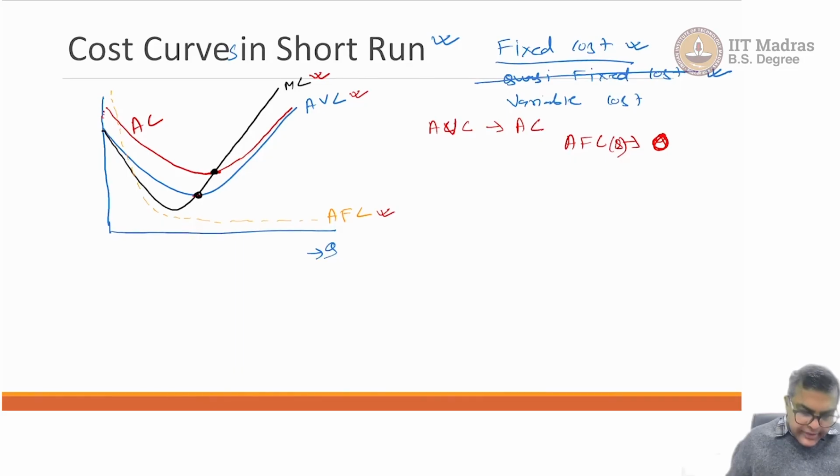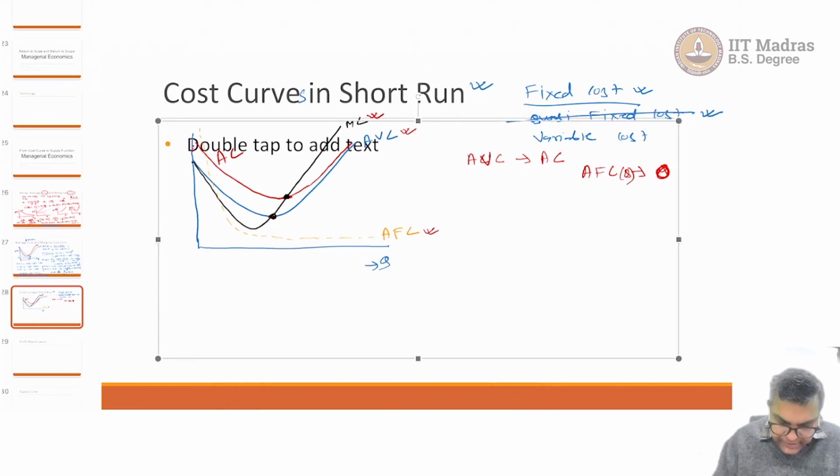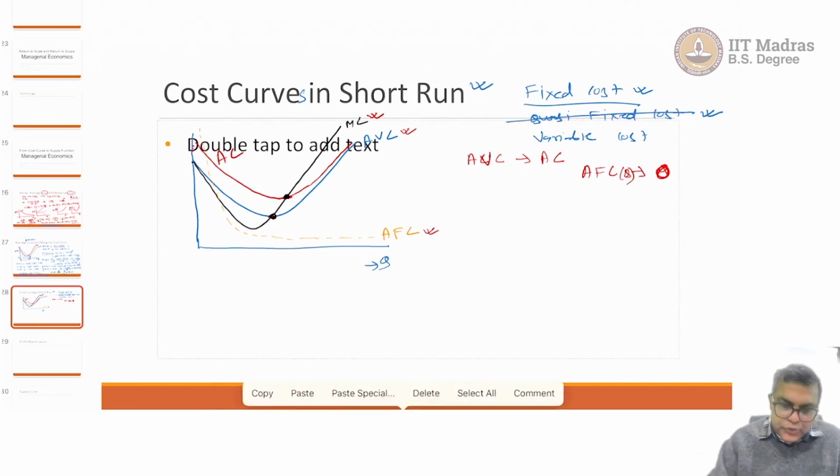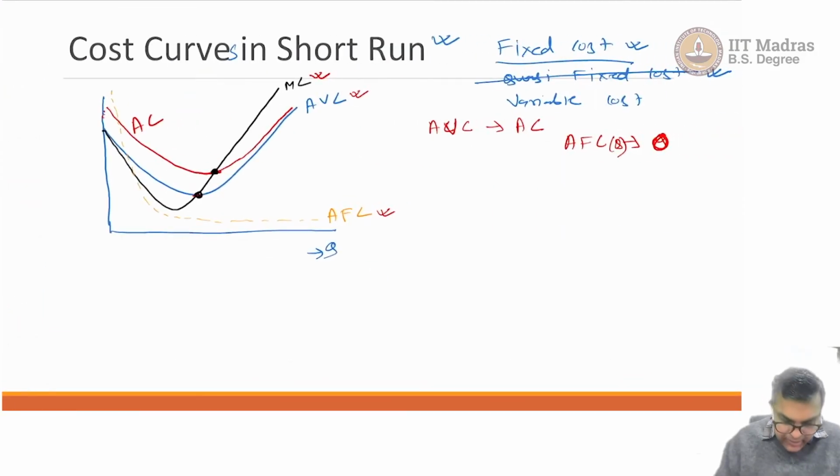Now in the next slide, we have started profit maximization. In fact, we have space here, we can do it. So for profit maximization, basically you want to produce Q output at minimum possible cost. So profit maximization already includes cost minimization.